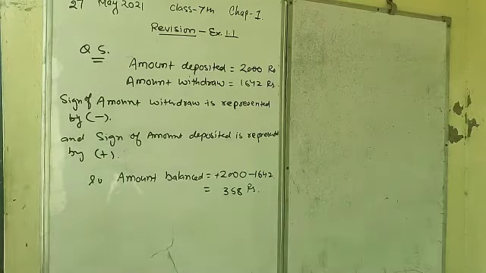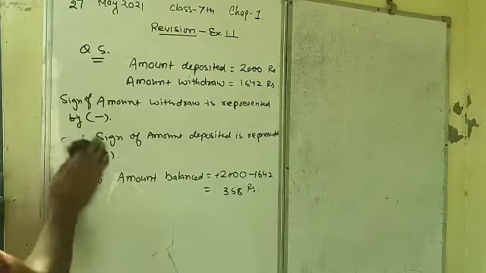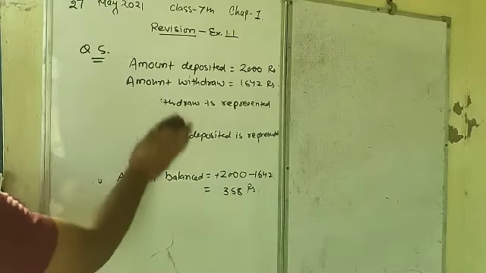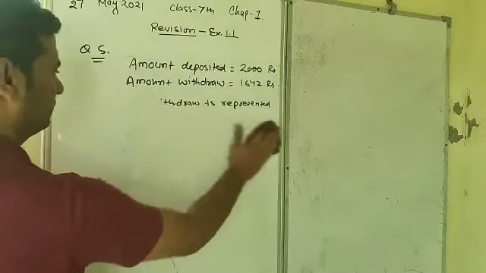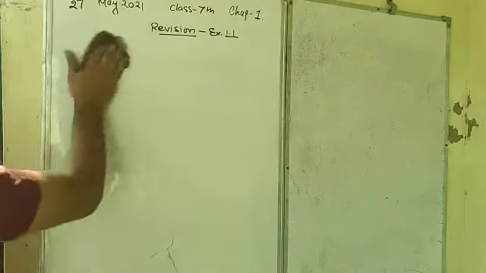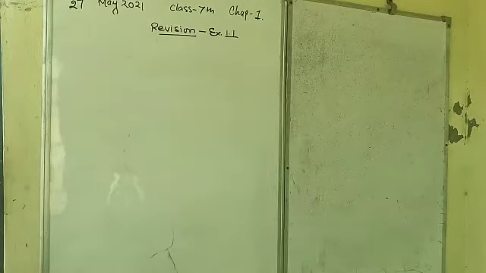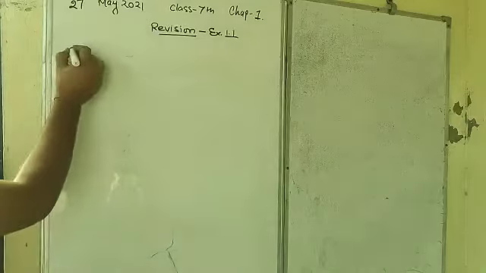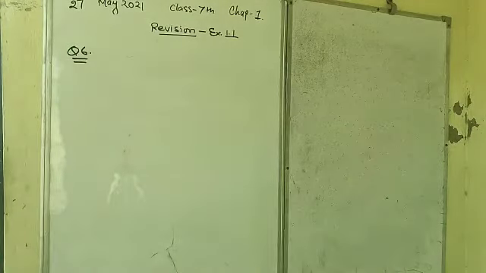Now come to question number 6. Rita goes 20 kilometers towards the east from a point A to point B, and from point B she moves 30 kilometers towards west along the same road.